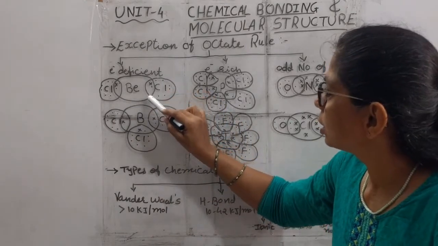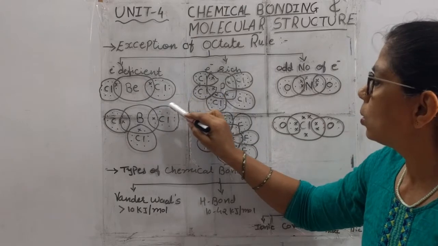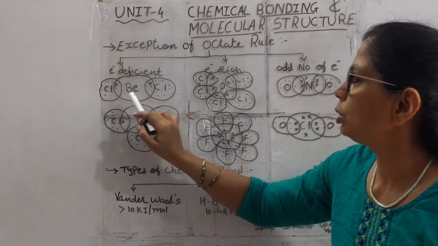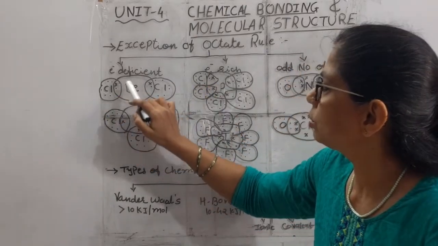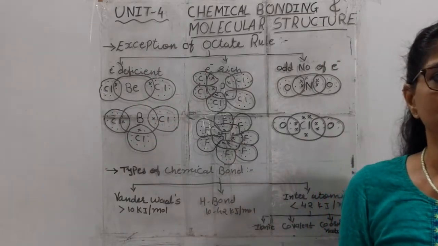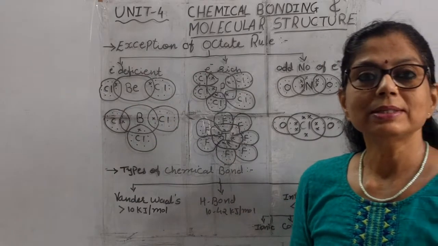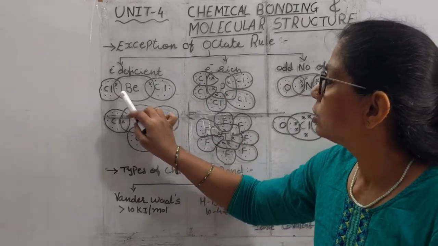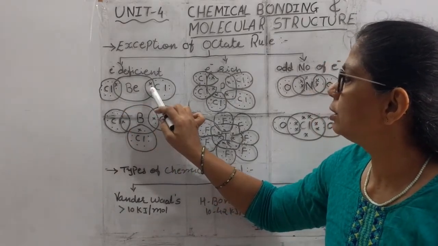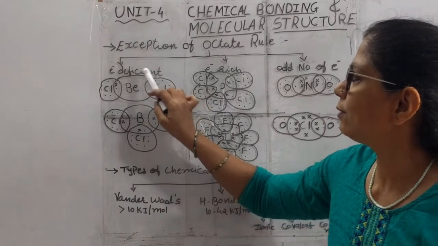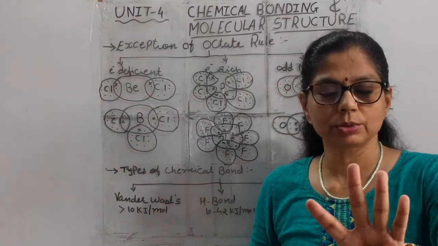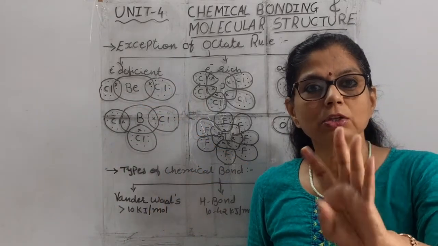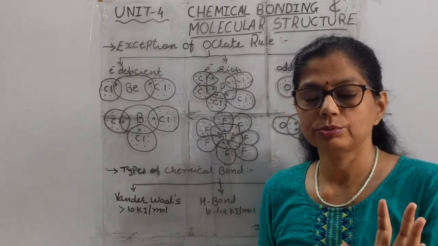Now here the chlorine follows the octet rule. The same way here the chlorine also follows the octet rule. But you can see the beryllium that I have encircled. Here 2 electrons and here 2 electrons. So beryllium has only 4 electrons, but still it is a stable compound, student.